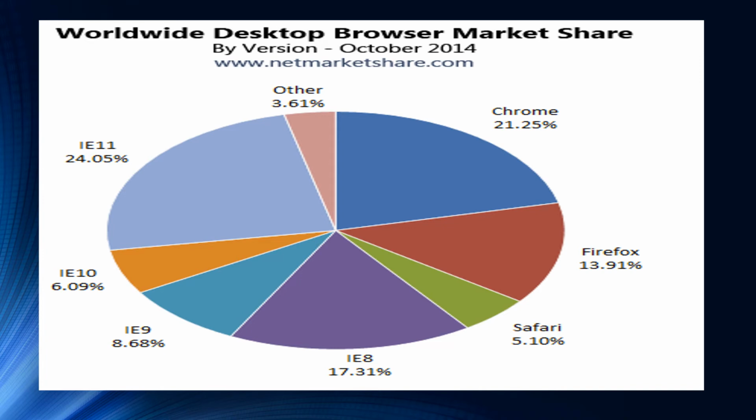So, who's using the different browsers? Back in 2014, I can show that Internet Explorer had a really big chunk of the market right around there. You had Internet Explorer 11, Internet Explorer 10, Internet Explorer 9, etc. So they had the biggest chunk, and Chrome was getting a lot bigger as well as Firefox.